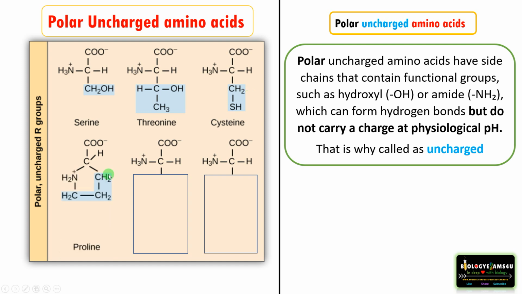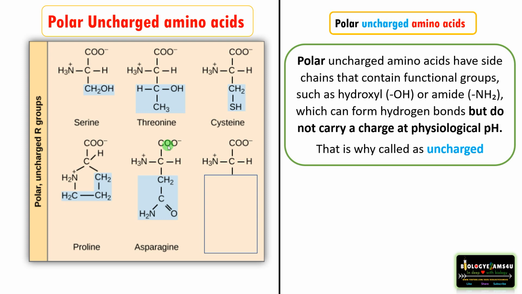The next one is proline. Proline also has a unique structure because of its side chain that forms a ring, as you see here, with the amino group providing the rigidity. Due to its aliphatic nature, as you see, carbon and hydrogen of its side chain, proline is considered hydrophobic and non-polar by some biochemists.